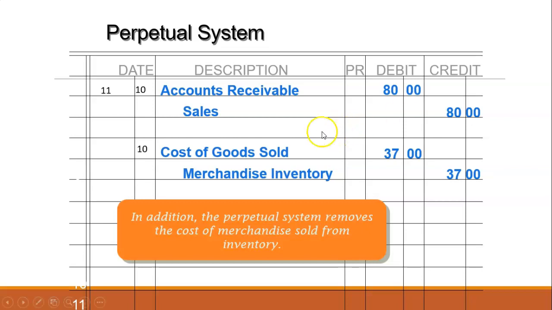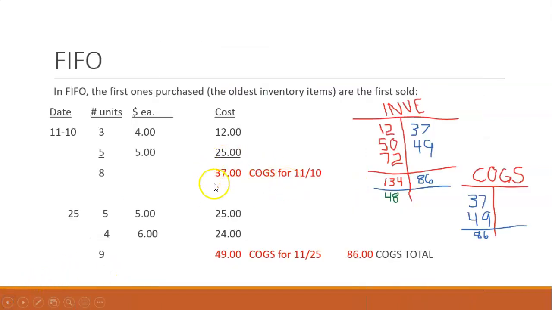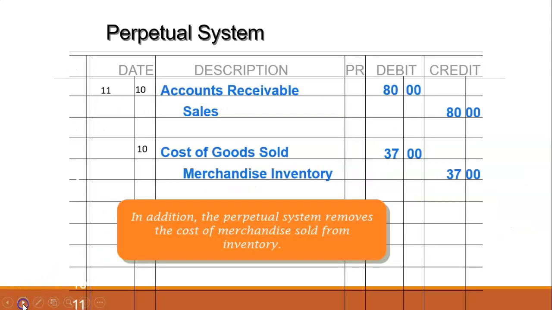Now, I also have to have a second journal entry every time I sell something, and that second journal entry, also dated on the 10th, is going to debit cost of goods sold and credit inventory. And this is for the assumed cost. In this case, we came up with $37 as our cost of goods sold for that day. So we would debit cost of goods sold, which is an expense account, and credit inventory, which is an asset account, by that $37.